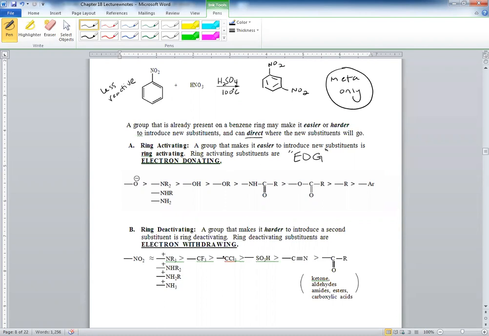And why is that the case? For a very simple reason: they make benzene electron rich, which is more reactive.